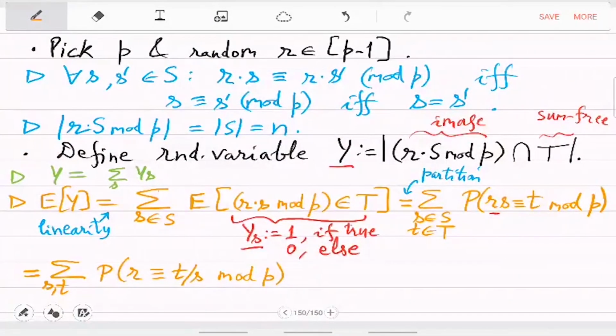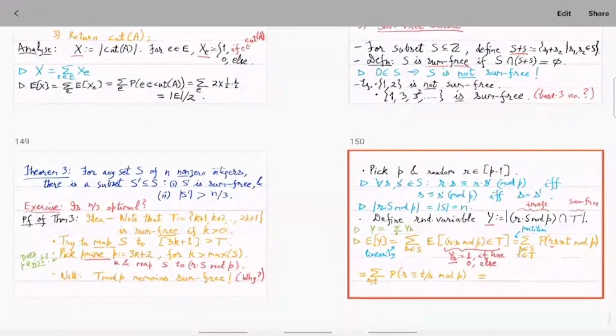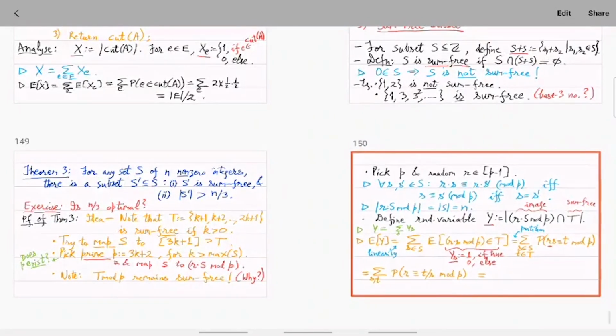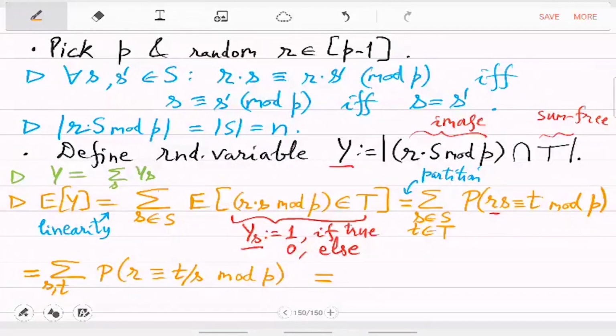So hence here you are allowed to divide by S, and that actually forces R to be just one value. There is only one favorable value, and we were picking R to be random from 1 to P minus 1. So you get probability 1 over P minus 1. Okay, so what is this ultimately?